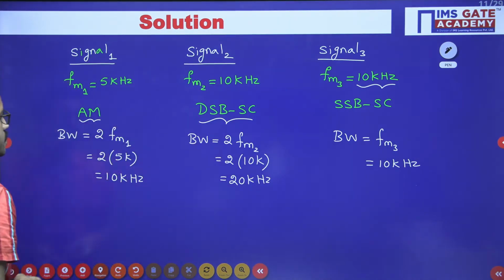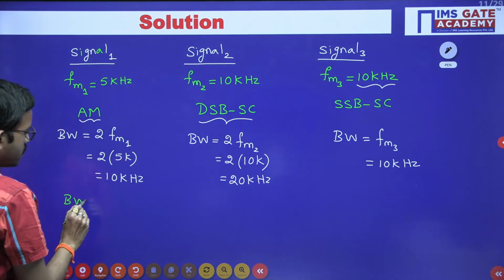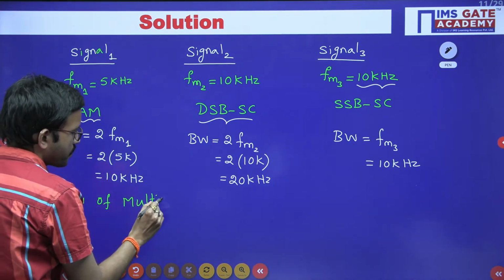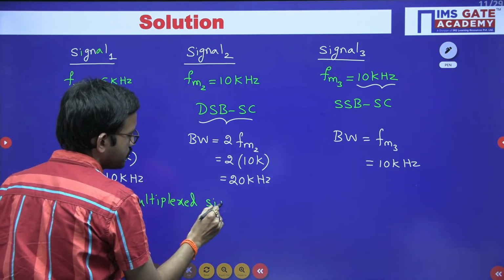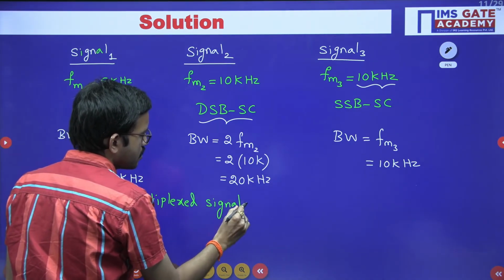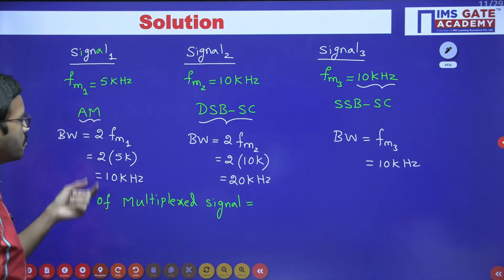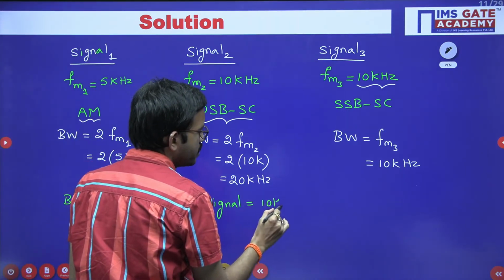Okay, right. So now let us calculate the bandwidth of multiplex signal. With respect to first signal, when you have used AM modulator, we require 10 kHz.